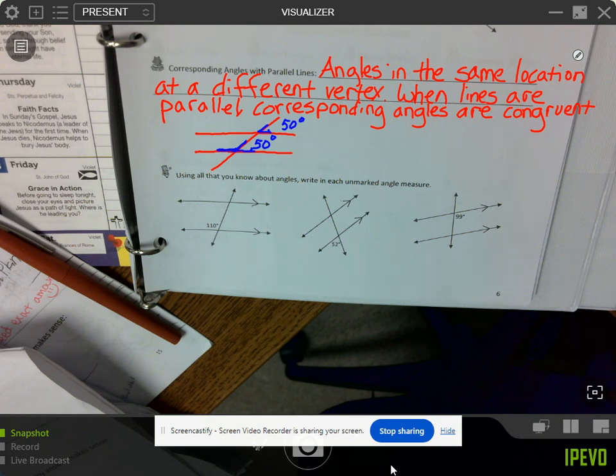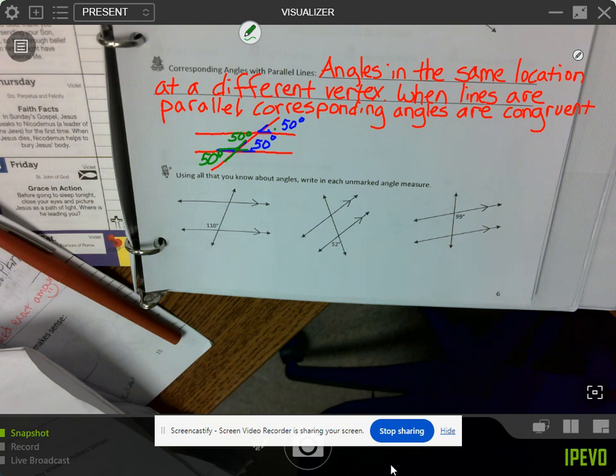Remember that our vertical angles have to be opposite. You have to be able to flip it opposite. So I'm not going to put that 50 up here. I'm going to put it opposite of it. So same up here. Corresponding angles, that 50 degrees is going to go in that same location, bottom left. And it's opposite of that 50 degrees we know.